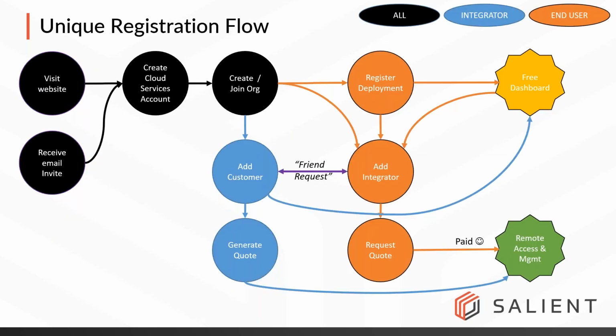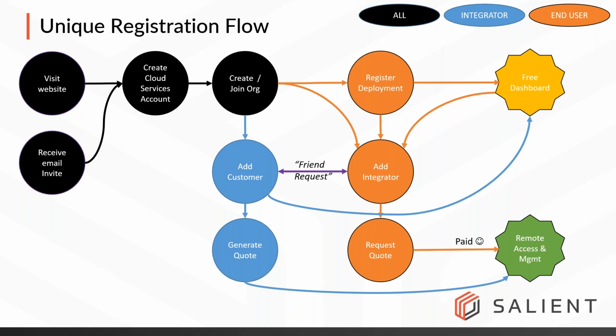One of the things that's very unique about Salient Cloud Services is the registration flow. In taking stock of how some of our competitors do it and taking stock of the feedback that we've received, we've actually introduced a registration flow that involves anyone and everyone being able to create a Salient Cloud Services account and having a friend request process that allows integrators and end user customers to associate with each other.